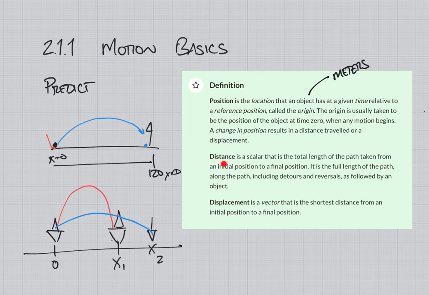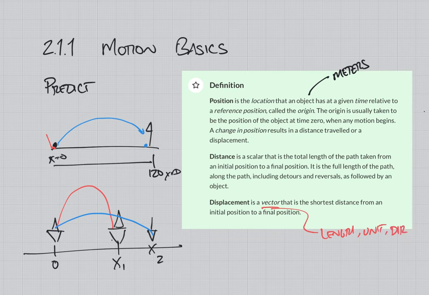The next concept is distance, which is something called a scalar, meaning we don't care the direction that it travels. We simply care about the total length of the path taken. And then the next concept is displacement, and displacement is a vector. And we haven't talked about vectors yet, but a vector has three things. It has a length, it has a unit, and it has a direction.